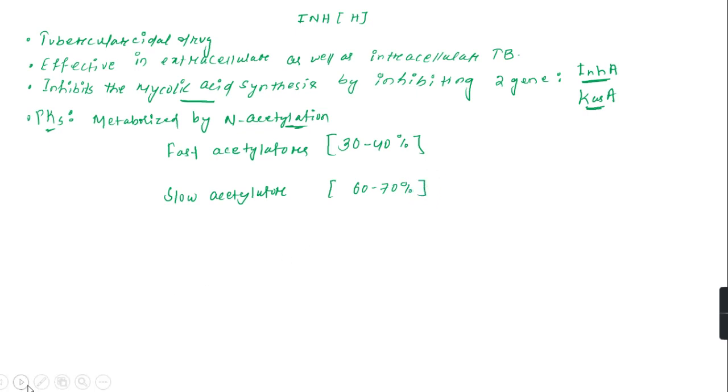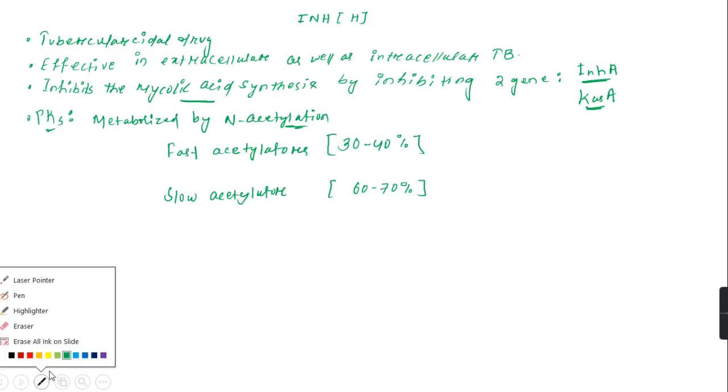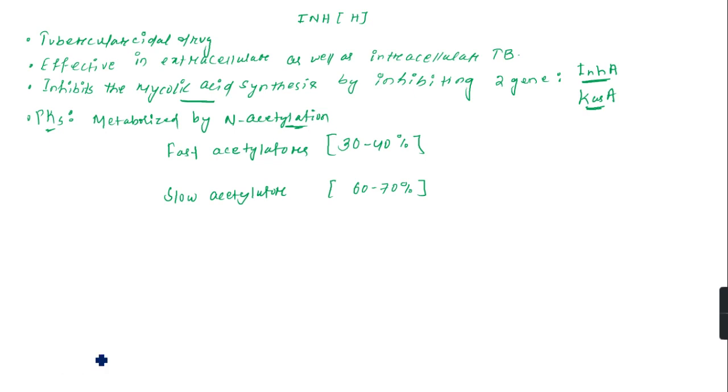So what do you mean by fast acetylator? Fast acetylators are the category of people who metabolize the drug isoniazid at a fast rate, which decreases the activity, or we can say decreases the duration of action. Slow acetylators metabolize INH slowly, which increases the duration of action as well as the toxicity.